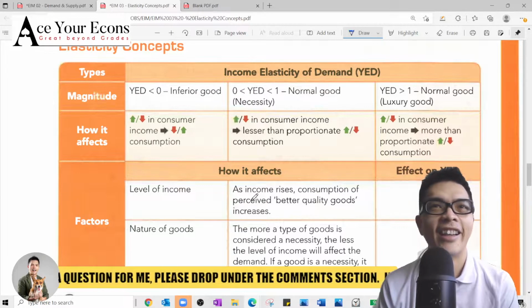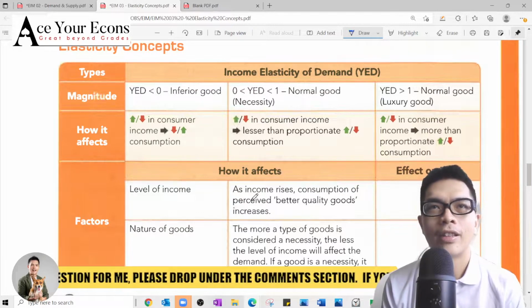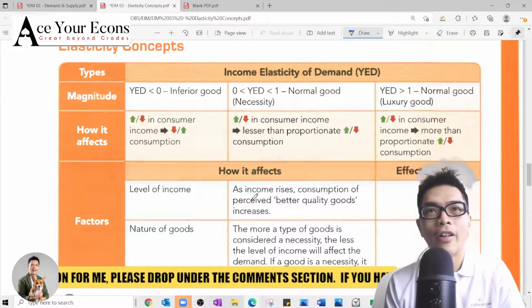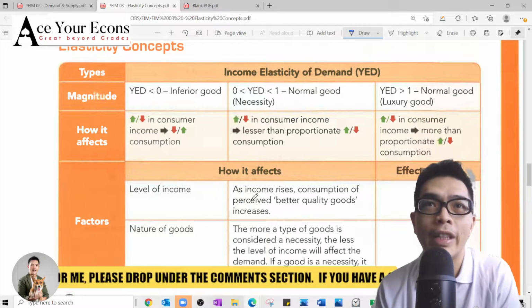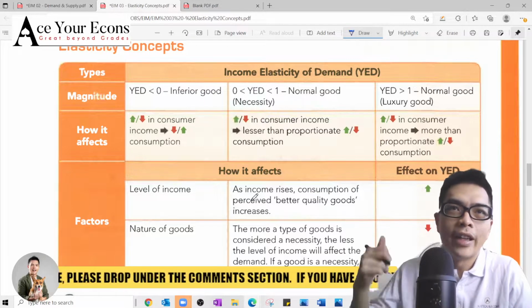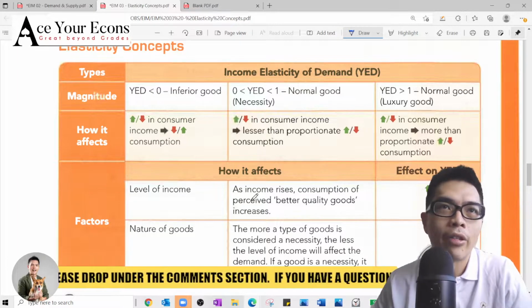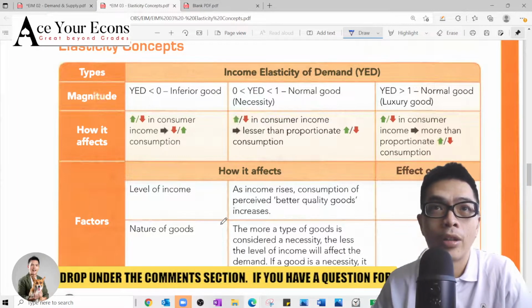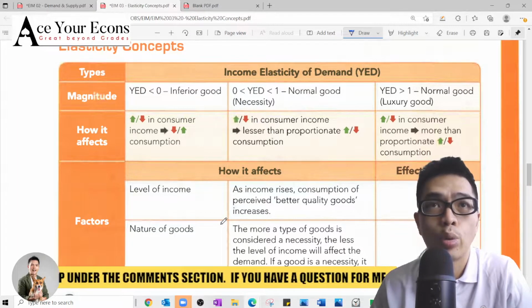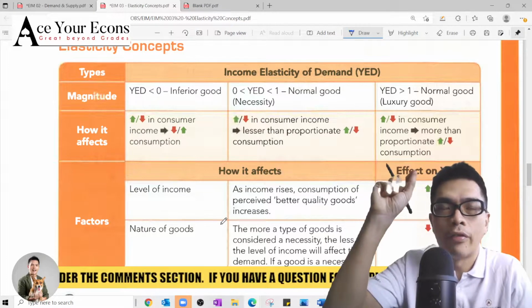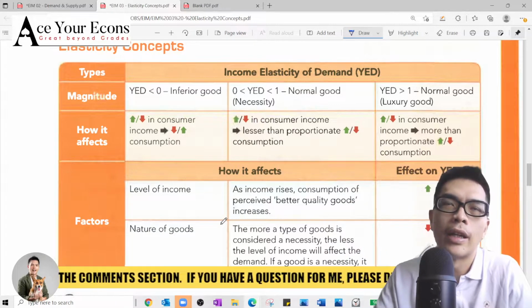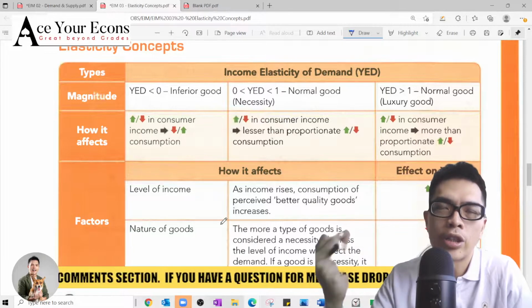They're not going to be sensitive to any income changes. So this is an example of how you want to play around with level of income. We want to look at the starting income of the household, and for different income groups, their perception of the nature of the good is going to be different.